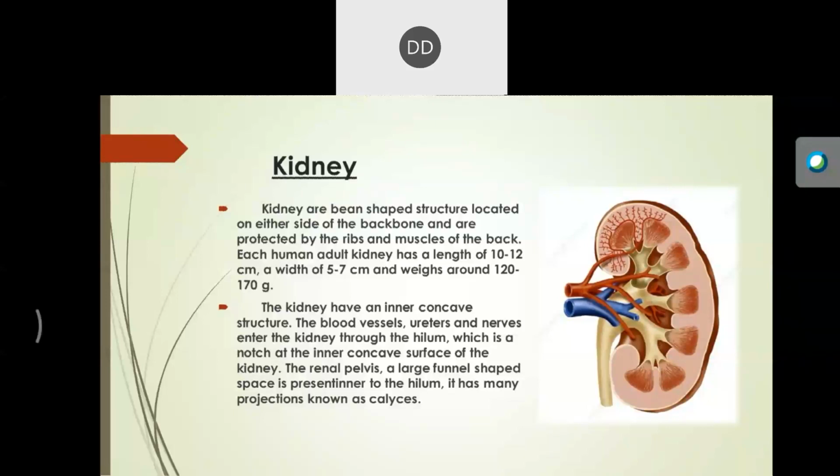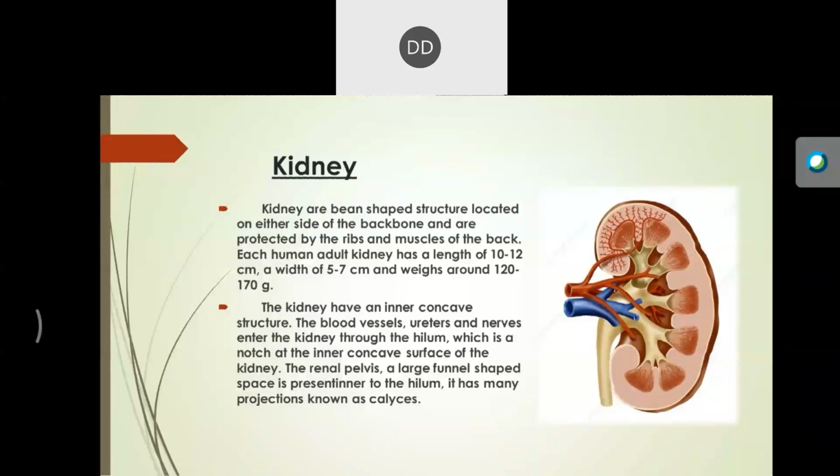Each human adult kidney has a length of 10 to 12 centimeters, a width of 5 to 7 centimeters, and weighs around 120 to 170 grams.